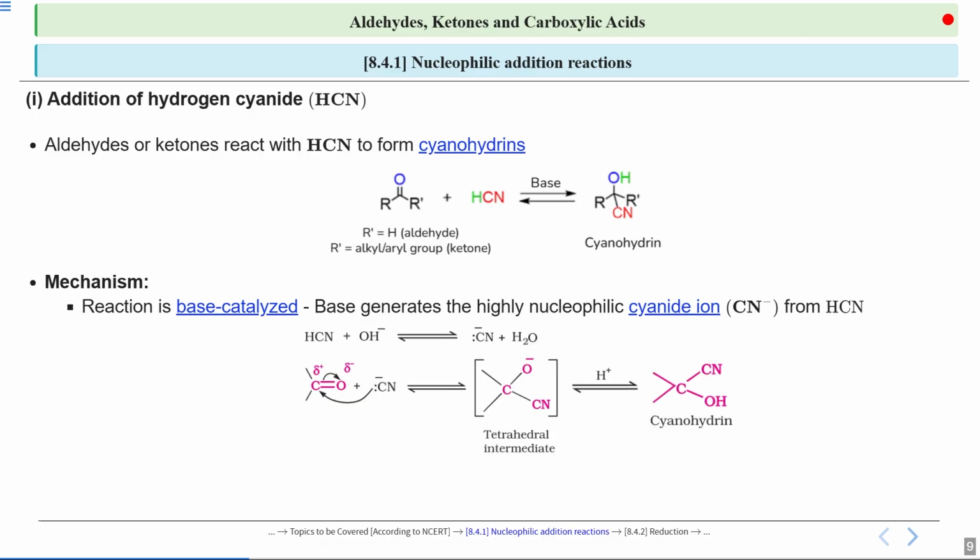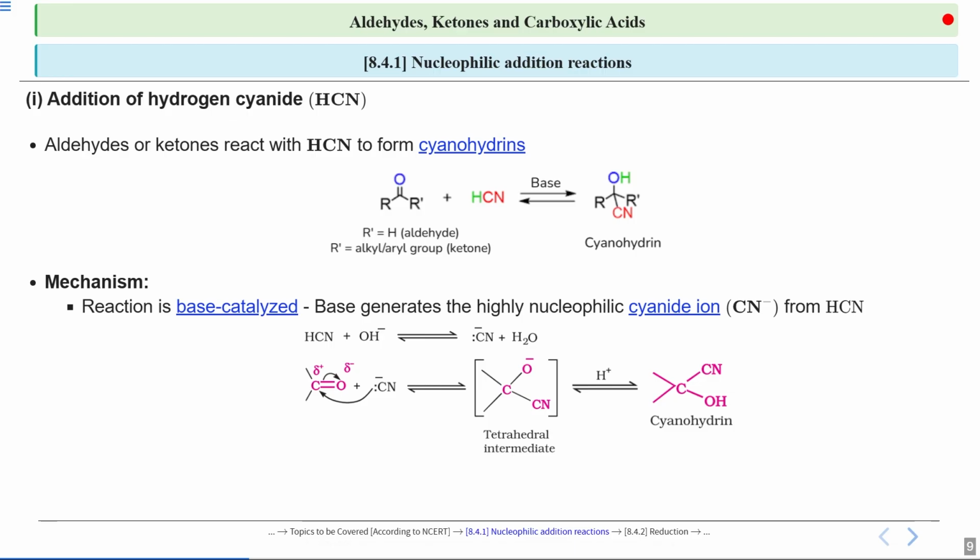Now look at this reaction. First, when HCN reacts with a base, you get a cyanide ion, CN minus, and water is released. Now, the cyanide ion is highly nucleophilic. What will this highly nucleophilic cyanide ion do? It loves to attack the positive center. So where will it see the positive center?